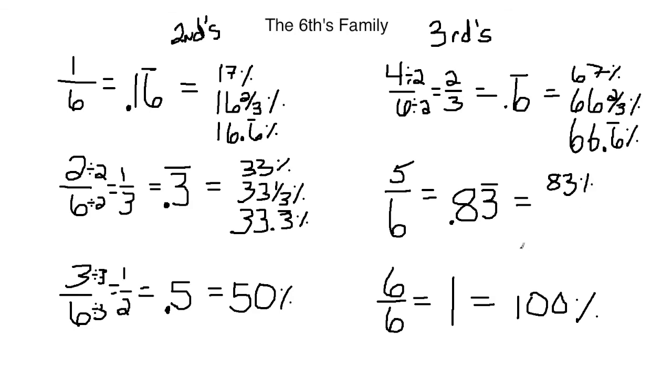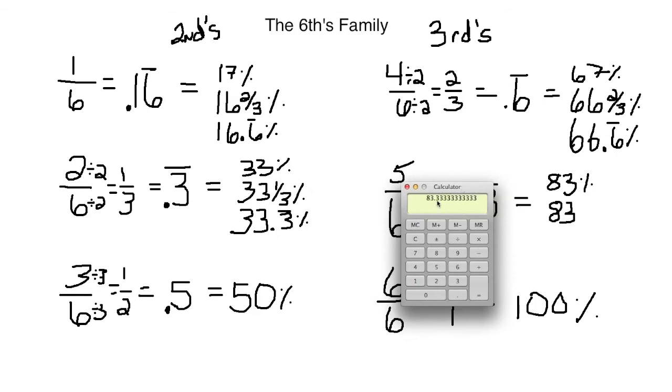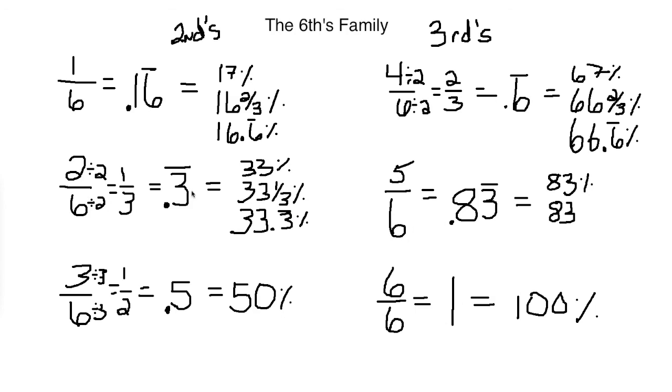Now what is it as a fraction percent? Well, you move the decimal twice, and we still come out with 83. Now the question is, what fraction makes the 3's repeat? Well, that would be 1/3. So the answer is 83 and 1/3%.